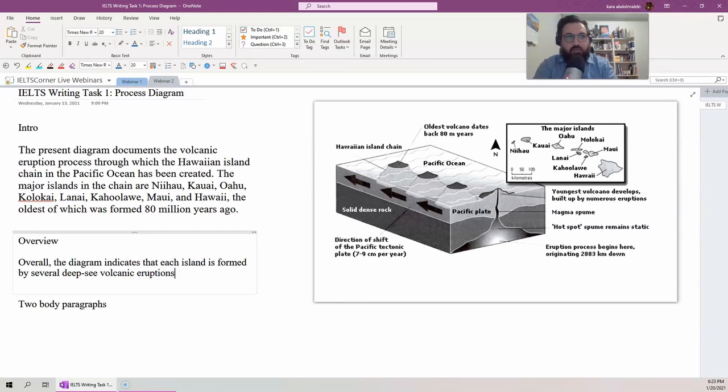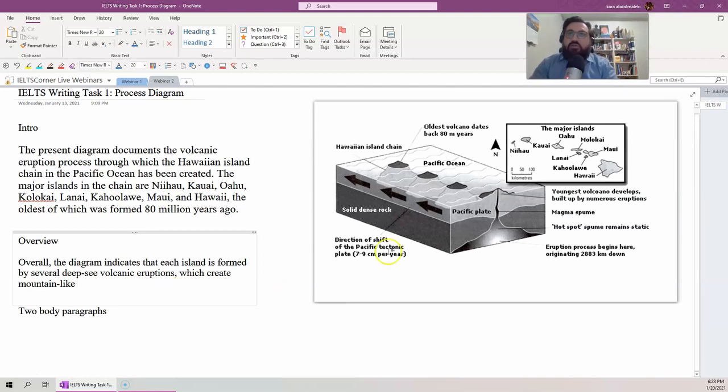Let's make it a complex sentence here, which create mountain-like. So I'm creating these compound adjectives because compound adjectives are considered high level of vocabulary. So deep sea, any adjective that has a hyphen, like deep sea, mountain-like, those are considered compound adjectives, right?